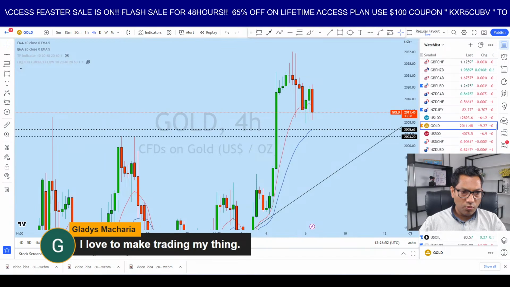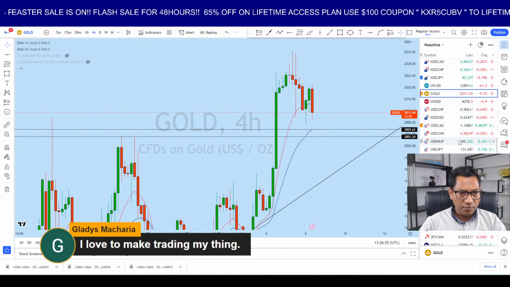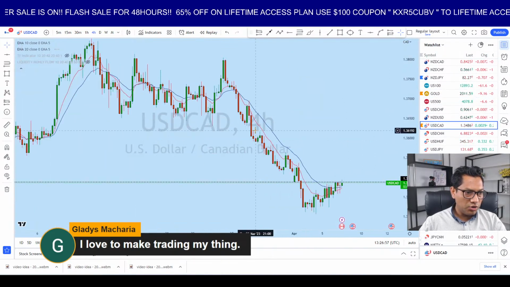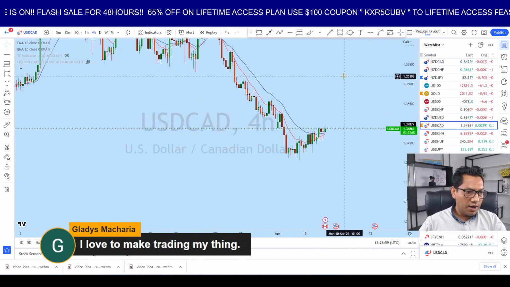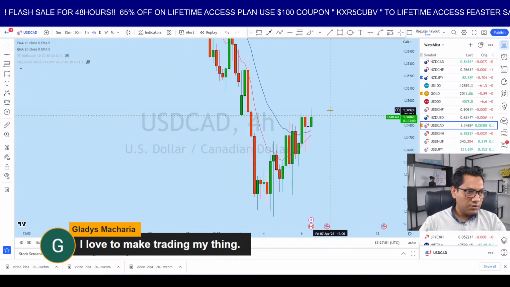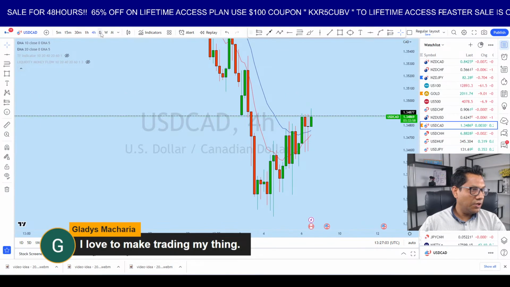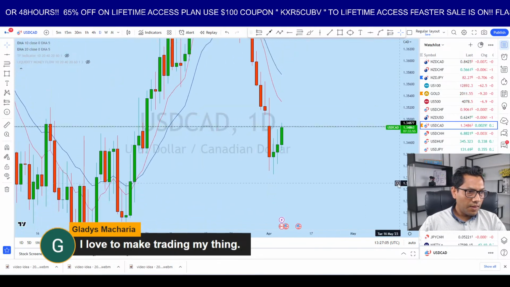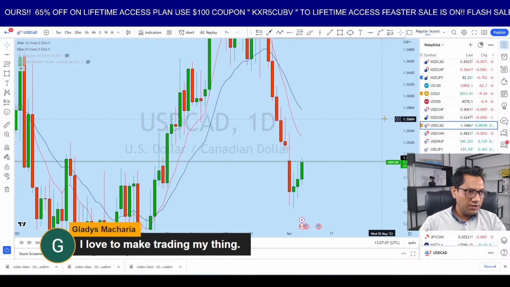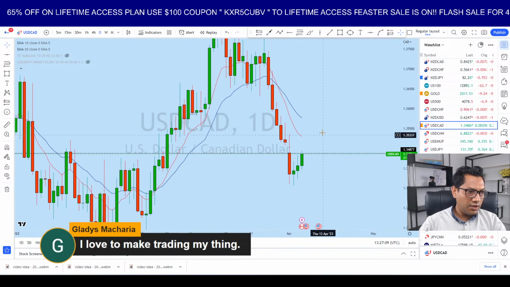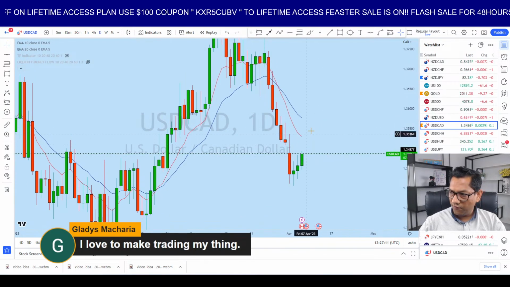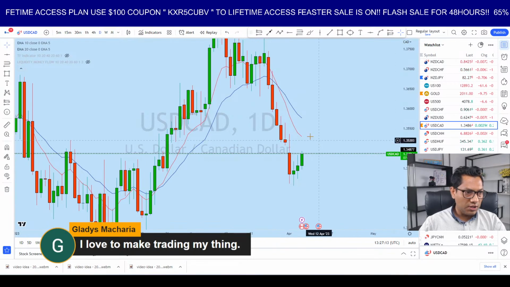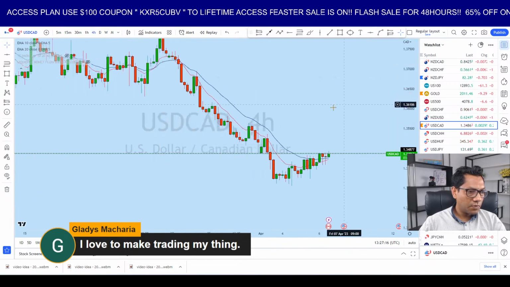Okay, so let's move on. Let me see what dollar CAD is doing. Dollar CAD initially has grabbed liquidity from the daily. We see that there is a big daily move. I think the dollar CAD will go up a little further, and then we could see the price coming down.